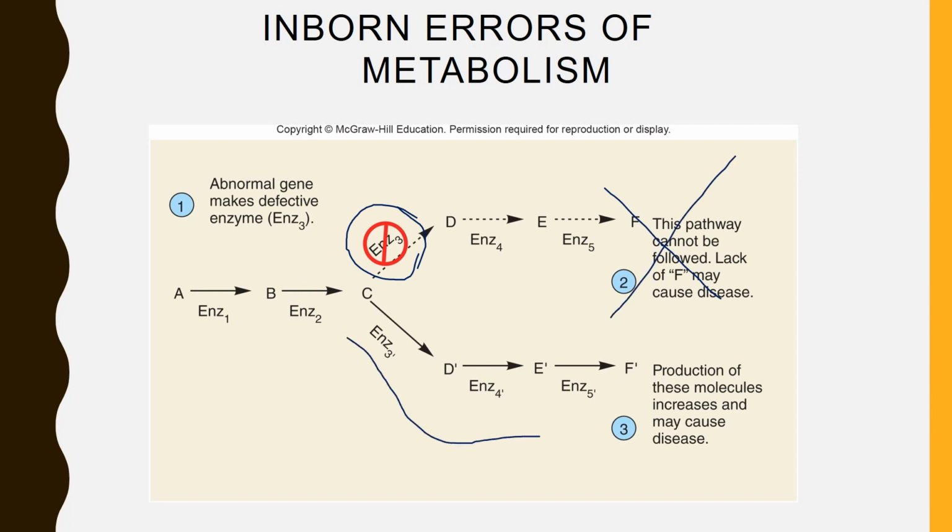Rather, it creates the second byproduct, and again, this could cause different types of diseases due to an accumulation of, say, some of these intermediate products, or it can be an alternative branch that we see. For instance, PKU is an example of an inborn error of metabolism.